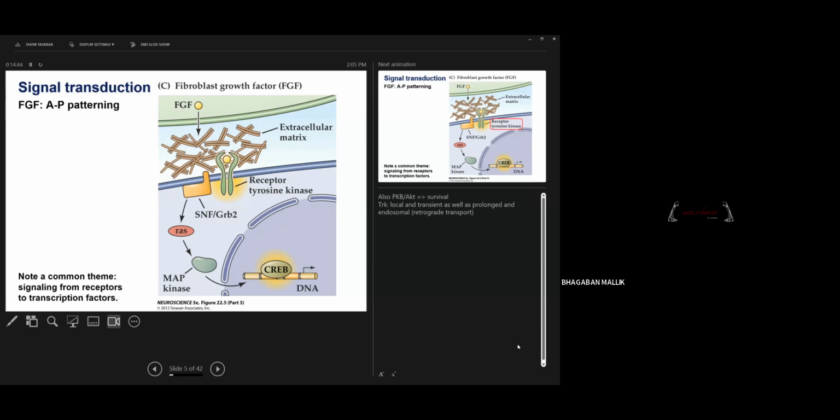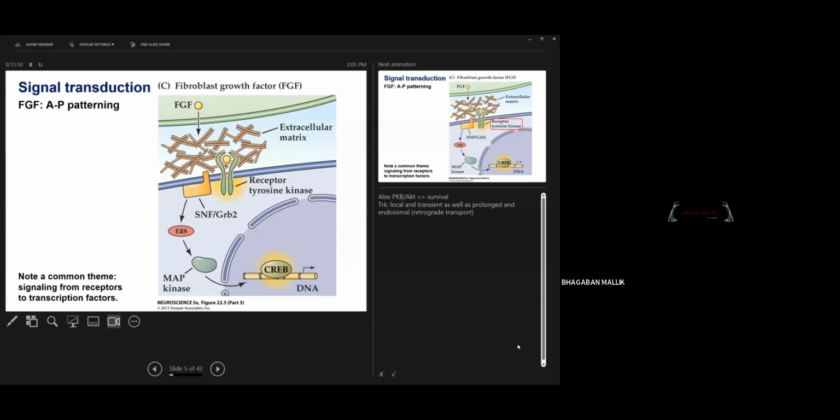So it binds to the tyrosine kinase receptor. Then it activates the RAS signaling pathway. RAS activates the MAP kinase. Then MAP kinase activates the transcription factor, CREB, which can translocate to the nucleus, bind to the DNA, and express the target genes for the anterior posterior patterning.